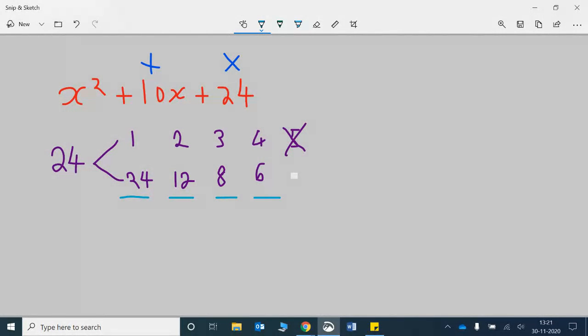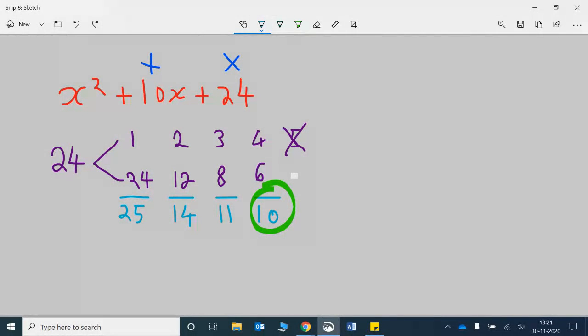So 1 plus 24 is 25. 2 plus 12 is 14. 3 plus 8 is equal to 11. And 4 plus 6 is equal to 10. Okay, so you can see that this gives us the correct addition. And we also know that 4 times 6 is equal to 24.